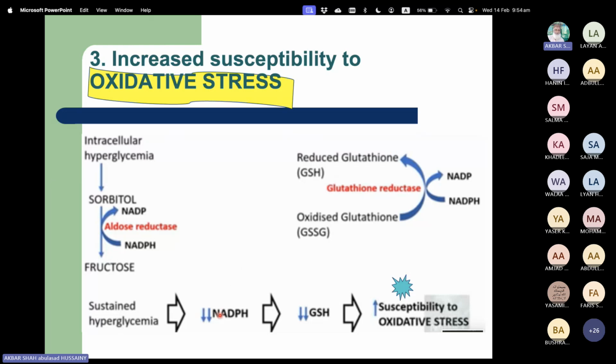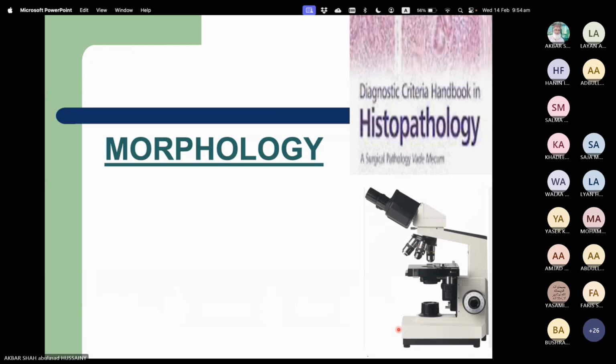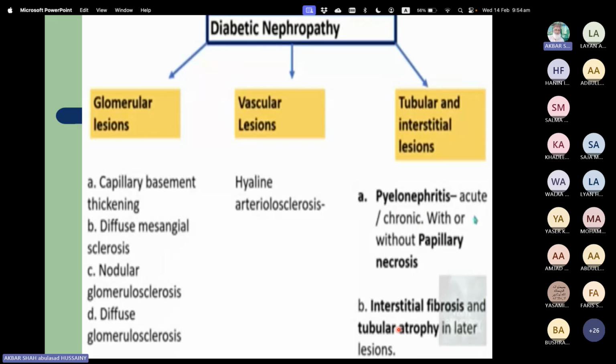When this molecule is less, then of course this will also become less, and the cell will become more susceptible to oxidative stress. So this was the pathogenesis of the injury to the membrane, or the complications of diabetes, the complications of hyperglycemia.